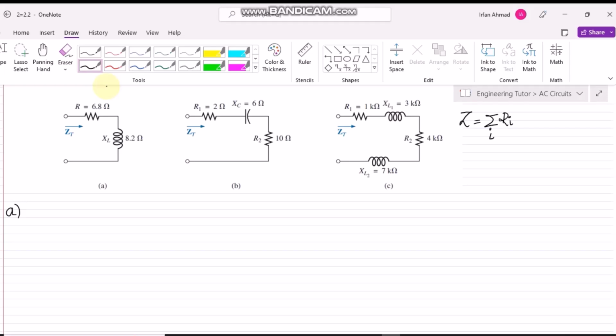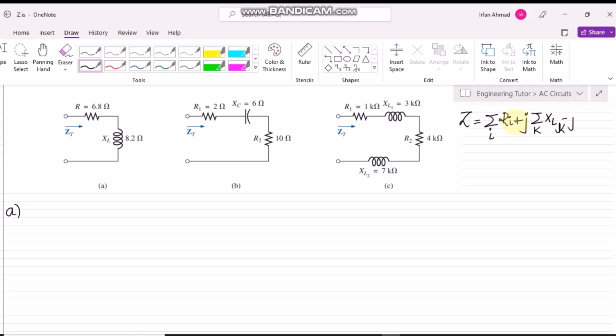Then we have to look for all the inductive reactances which are available in our circuit, and add them with this one, like plus j, and after it I have to add them, like let me call it K. So in this K, I have to add all the inductive reactances.